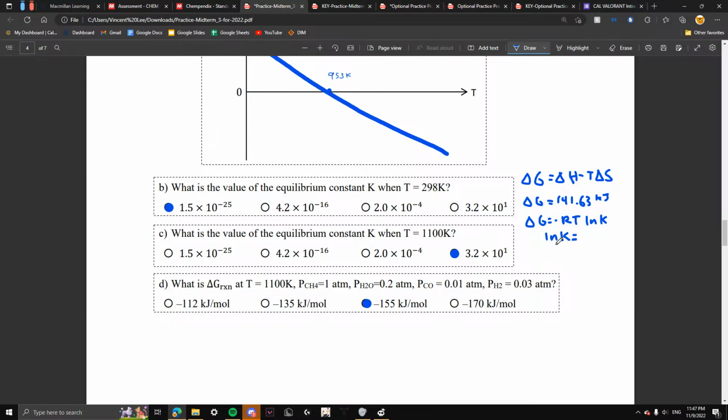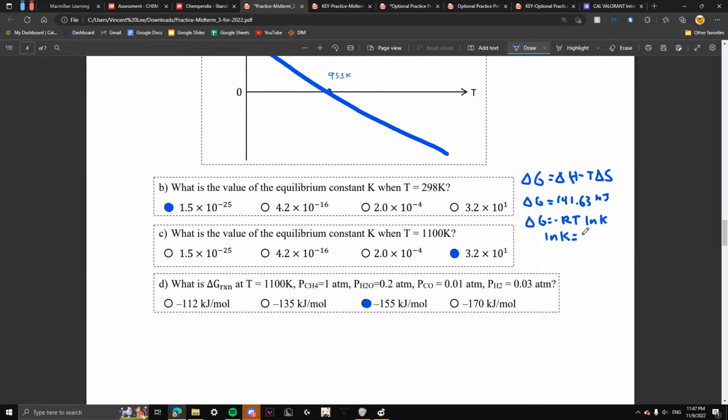times temperature divided by 1,000. The reason I'm dividing by 1,000 is because R is in joules and delta G is in kilojoules. So we want our units to be the same when we're doing that division. Otherwise, we're going to end up with a really funky number.